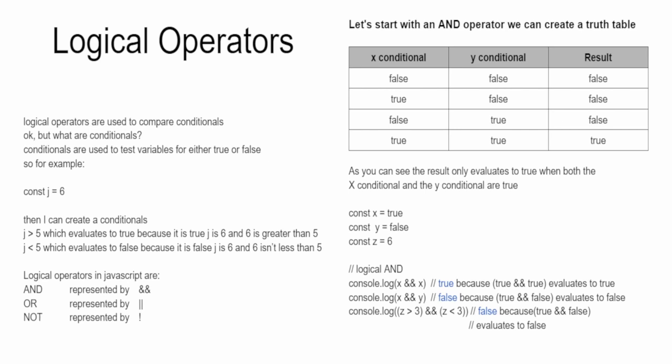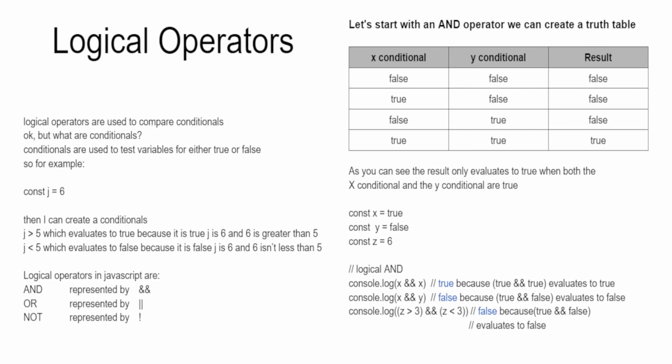We can create a truth table, so we can have two conditions, X conditional and Y conditional, and a result, so that when X is false, Y is false, the result is false, and when X only is true, the result is false, and when Y only is true, the result is false, and when both X and Y conditional are true, then result is true, and that is the only condition where it is true, when both X conditional and Y conditional are both true.